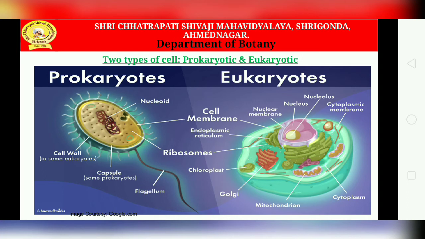In this picture we can see the two types of cells, the prokaryote and the eukaryote, and there are very big differences. According to the modern cell theory, all known living things are made up of cells. It is the basic thing again. The cell is the structural and functional unit of all living things. All cells come from pre-existing cells by division, and spontaneous generation does not occur.